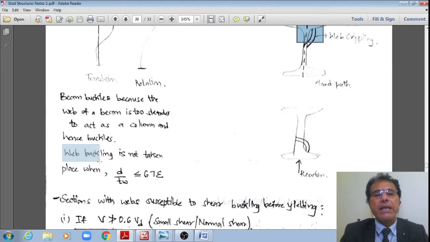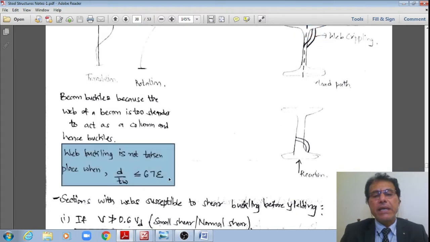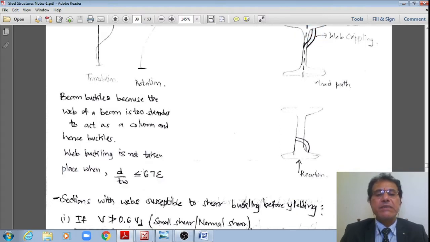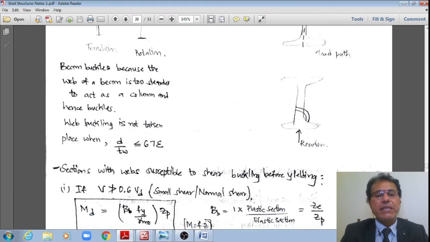However, this web buckling will not take place when d by tw is less than or equal to 67 times epsilon. Just now we have already seen this in the codal specification.